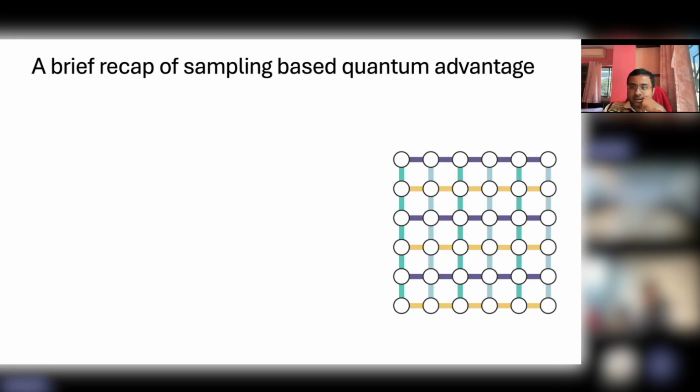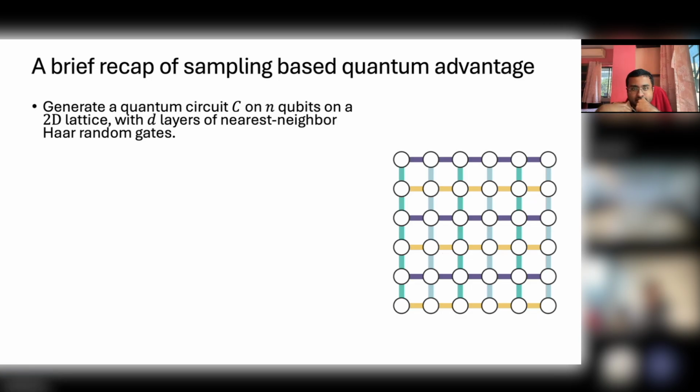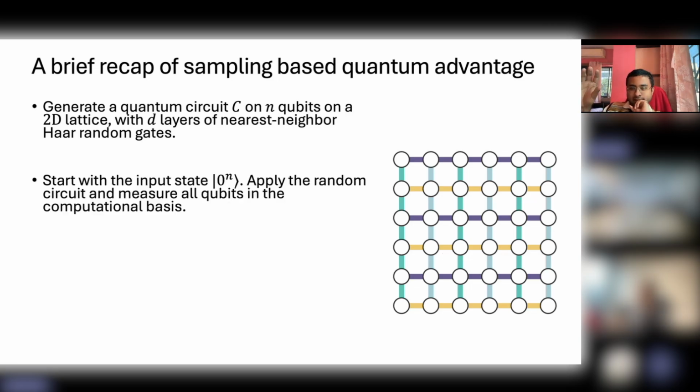These are the V1 of quantum advantage, like I said. The schemes all worked in a very similar way. You had maybe a 2D lattice of qubits, nearest neighbor gates and say D layers, and you picked those gates randomly. You start with some fixed input state, say all zeros, apply this random circuit that you pick by randomly picking the gates, and then measure all qubits in the standard basis.